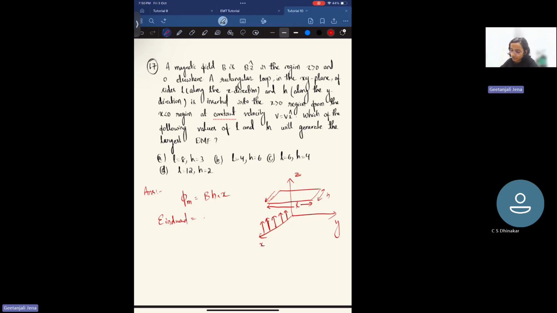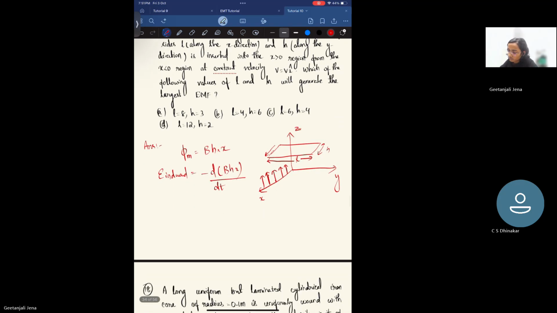That means the induced EMF is d phi by dt, which is minus BH dx by dt. And dx by dt is v, the velocity along the x direction.